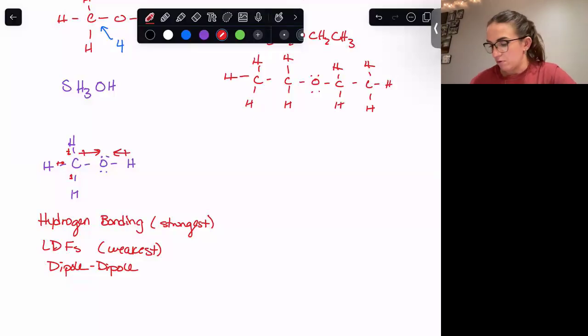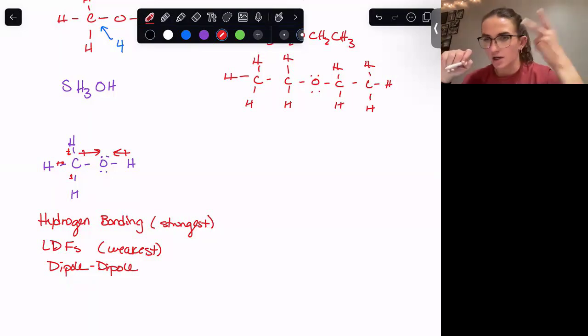Hydrogen bonding is stronger than dipole-dipole interactions, because it can interact with other hydrogens and other nitrogens, oxygens, or fluorines that it might be attached to. All hydrogen bonds are dipole-dipole interactions.